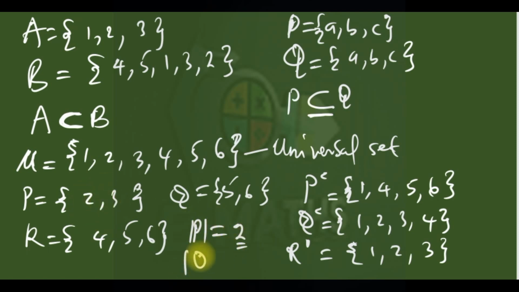The cardinality of Q: how many elements? We have 2 again. The cardinality of R: how many elements? 3. So once you count the elements, the number is the cardinality.